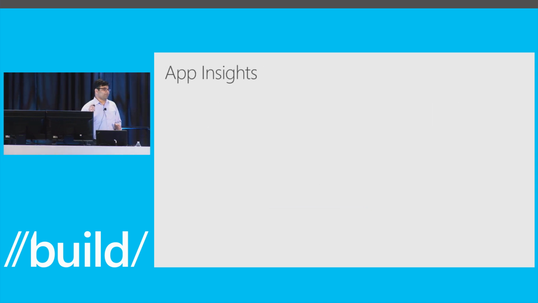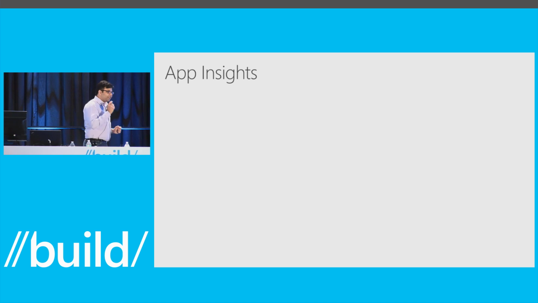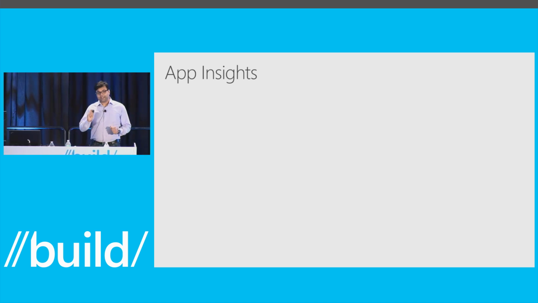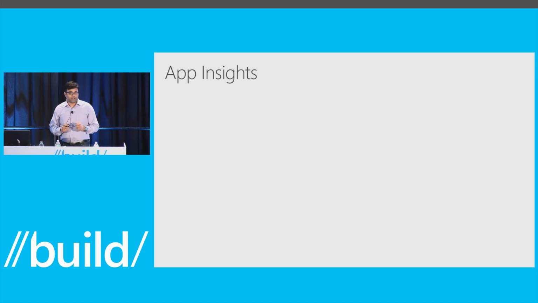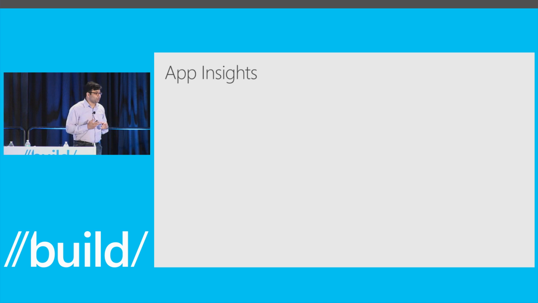Now let's talk a little bit about App Insights. As a developer or as an enterprise, one of the biggest things that is important is to understand how their application is actually being used, right? Which features in the application are being used by the consumers, by the users, right?